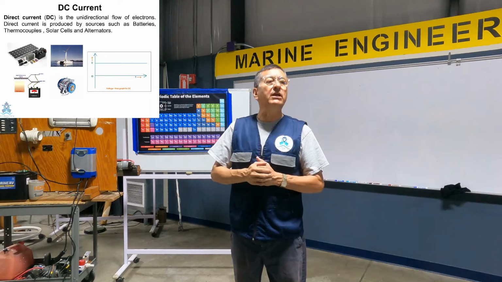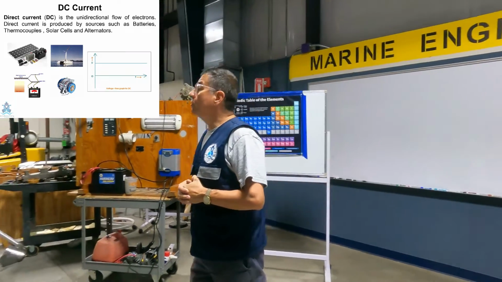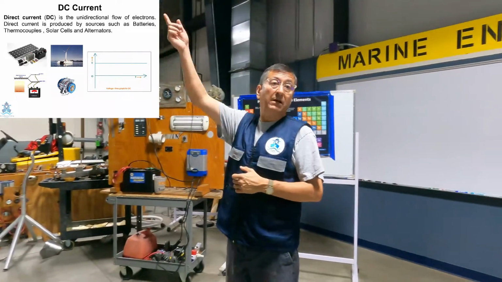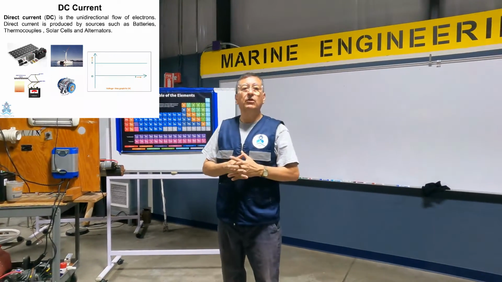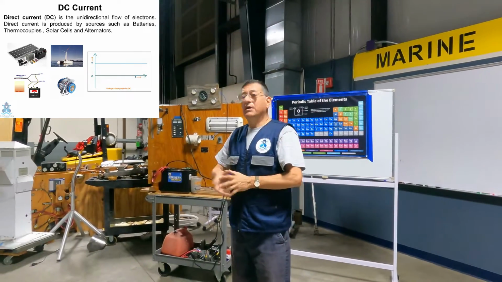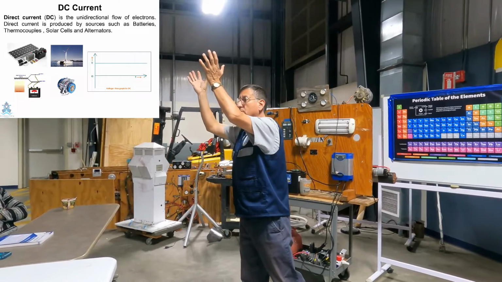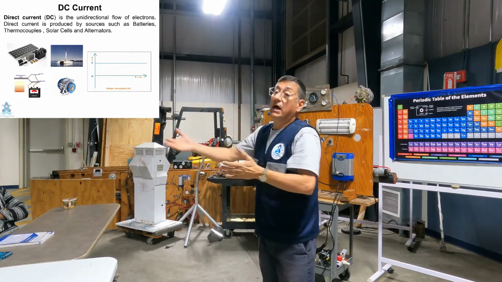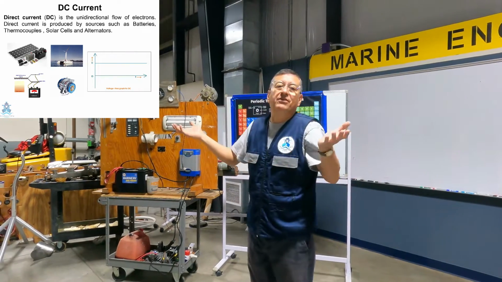Sources of DC current in your boat: solar panels, solar power, wind. Another one? The batteries, the battery bank. The battery bank is used to store energy collected from the solar panels. The alternator, the battery charger. The alternator is a battery charger.